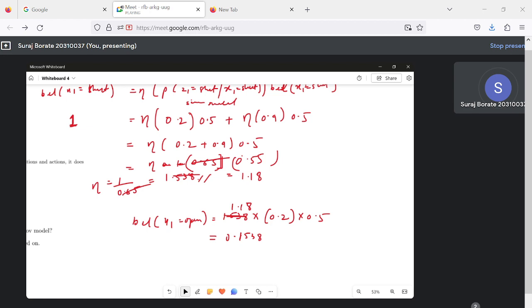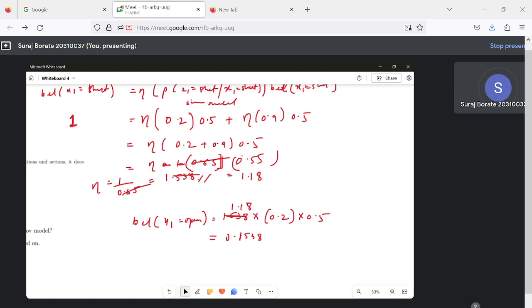So then we had these two equations, we added them, and the left hand side becomes 1. So we get the value of eta as 1.8, right? We get the value of eta as 1.8. And once we get the value of eta, we resubstitute in the above formula and then we get the right answer. So the next question is exactly the same as this question.